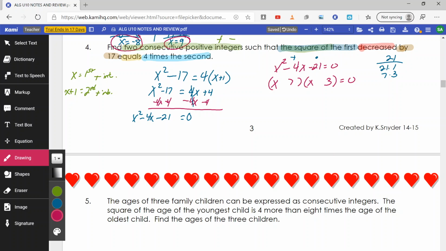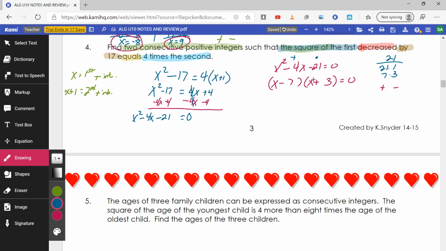Now we multiply to a negative, and the only way I get a negative is a positive times a negative. So this means one is plus and the other one is going to be minus. Question is which one? Again, middle term, whatever sign is on the middle term, the larger of the two numbers will get. So 4 is minus, so 7 is going to be minus, plus 3.